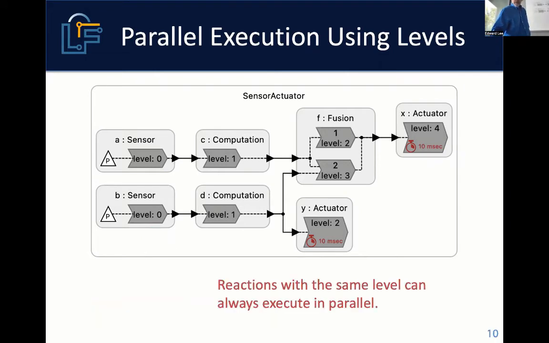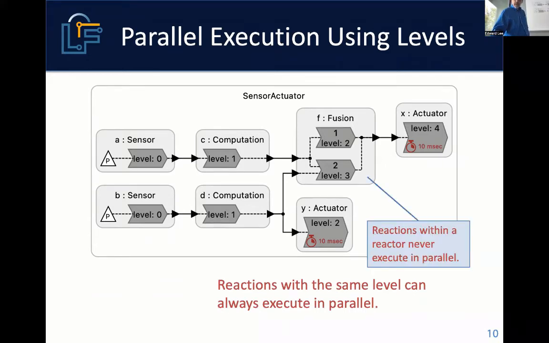Okay. We talked about the levels already. Reactions with the same level can always execute in parallel. Oh, yeah, it's important to understand that reactions within a reactor never execute in parallel, which you can kind of see now good reason for that, right? In addition to the fact that they share state variables, which would create race conditions if they write to the state variables, they also have the possibility of reading and writing the same inputs and outputs.